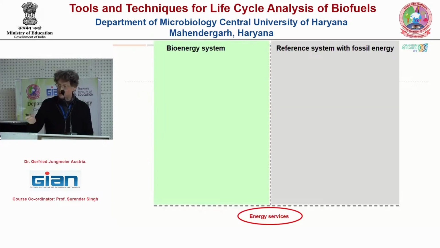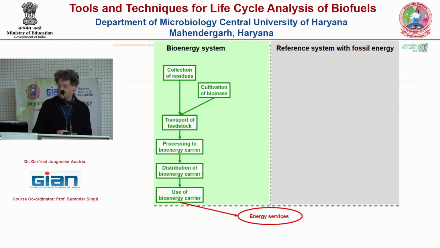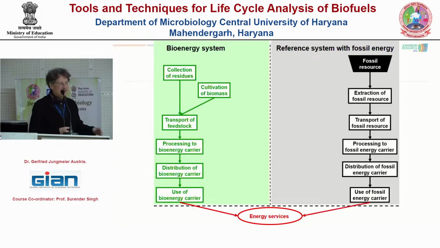included. I show you the same picture a second time. I already showed it to you yesterday, but I think it's good to repeat because this is really an essential graph to see if you want an energy service from bioenergy or fossil energy. These are the key processes: collection of residues, cultivation of biomass if you're in agriculture, the transport, the processing to bioenergy carrier, distribution of the bioenergy carrier, and the use of the bioenergy carrier.